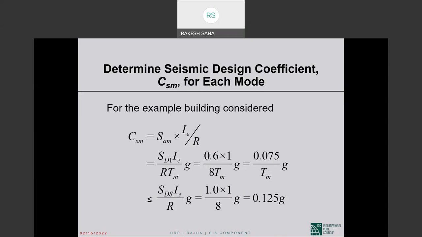So that tells us that it is a high seismic area. So we have to use special moment frames that will make R equal to 8. So hopefully this is pretty clear. Modal base shear coefficient is given by this expression, except that it cannot exceed that much.